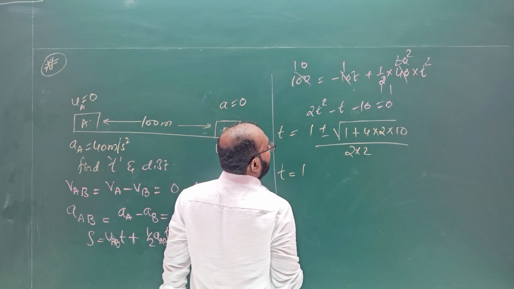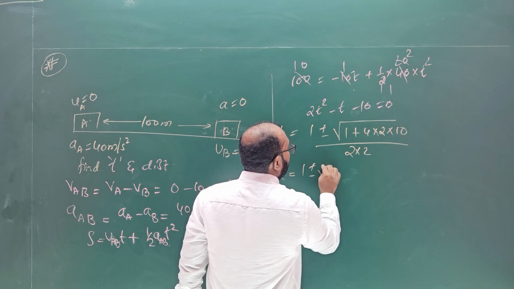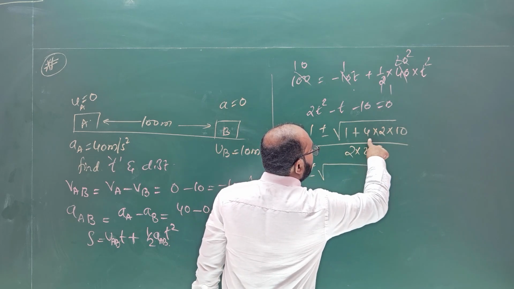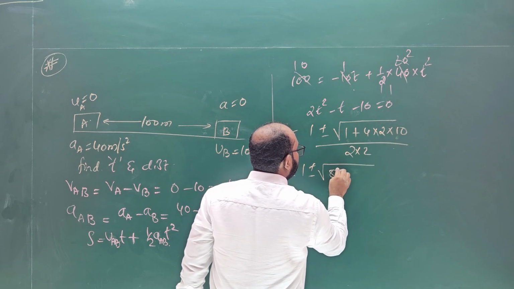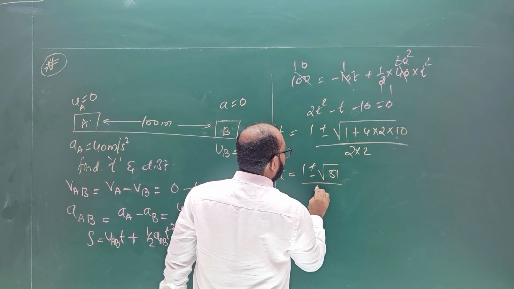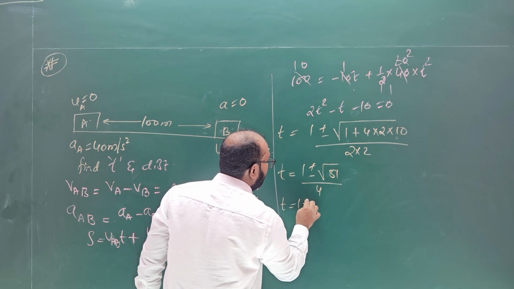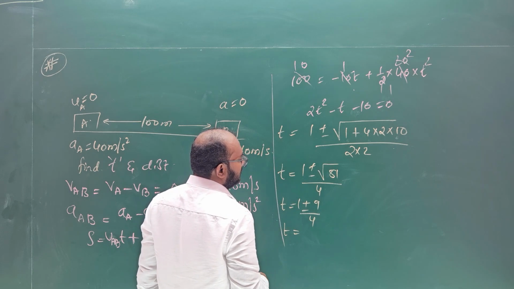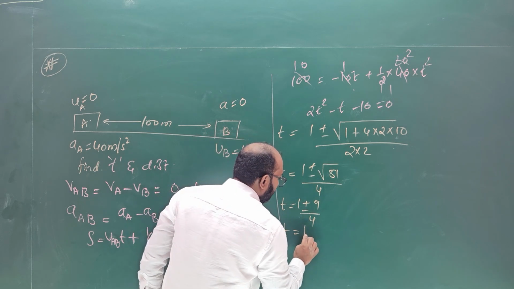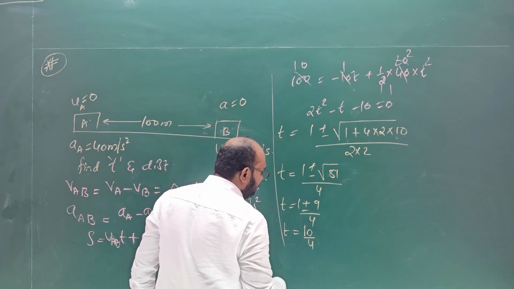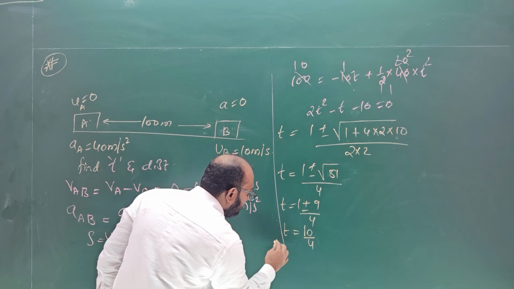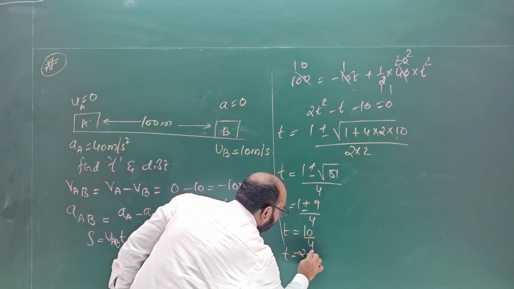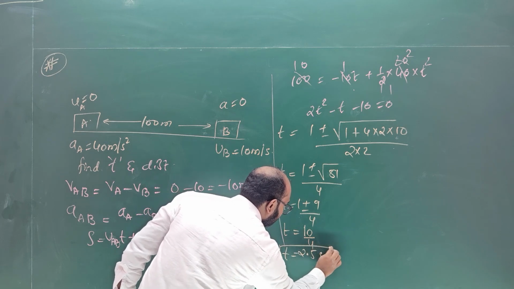So t is equal to 1 plus or minus under the root of 81 divided by 4, that is nothing but 1 plus or minus 9 by 4, or t is equal to, can I say that, 10 by 4. Minus is rejected, time cannot be negative. So t is nothing but 2.5 seconds.